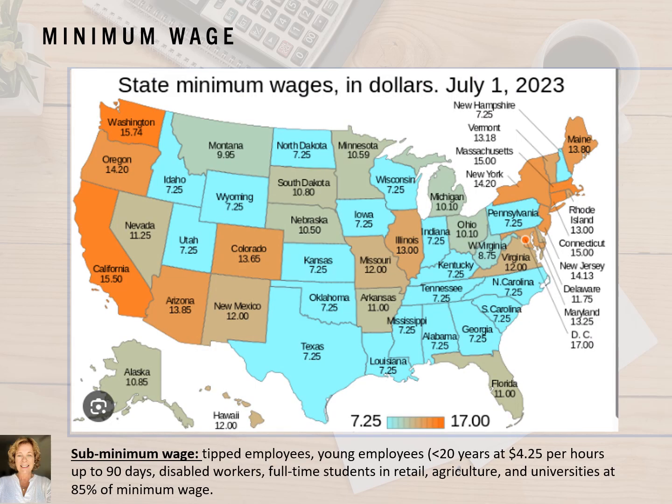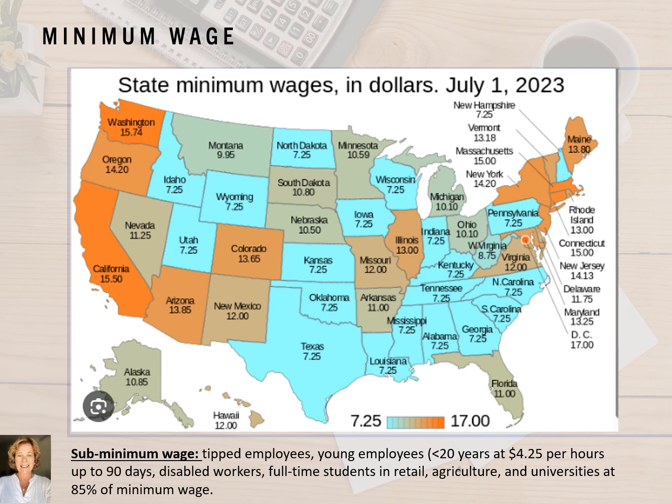The minimum wage differs from state to state. As of July 1st, 2023, the minimum wage ranges from $7.25 to $17 per hour. As discussed, there could be higher minimum wages in certain localities within a state.